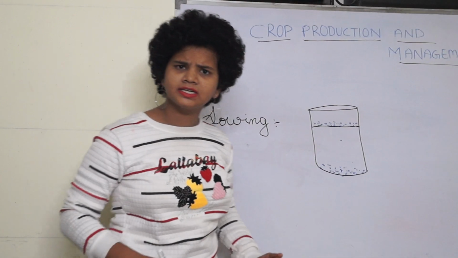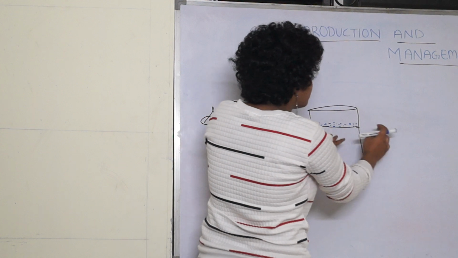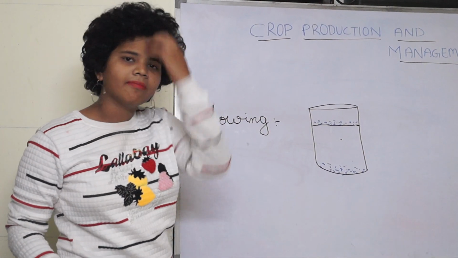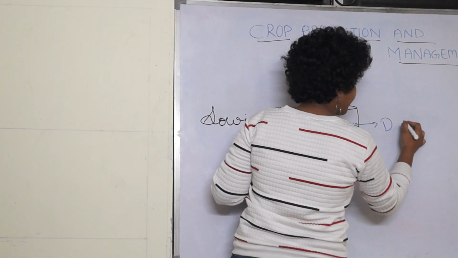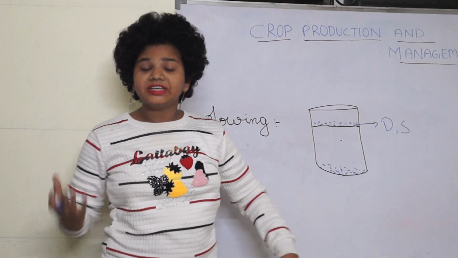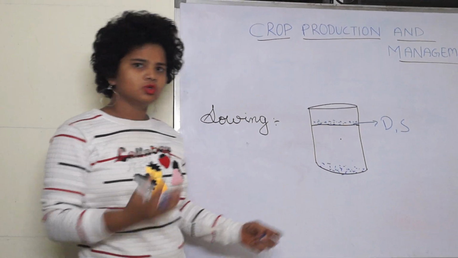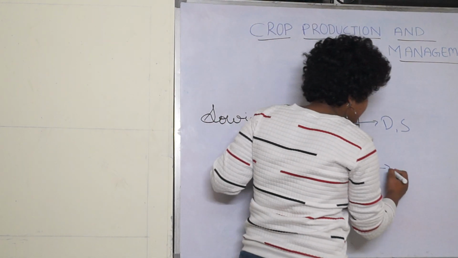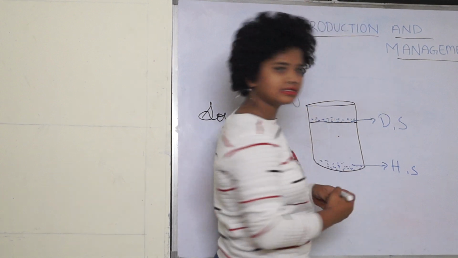What is this magic? Yes, the seeds which are floating on the water are damaged seeds, and the seeds which sink in the water, which went down by their weight, are called undamaged seeds or healthy seeds.